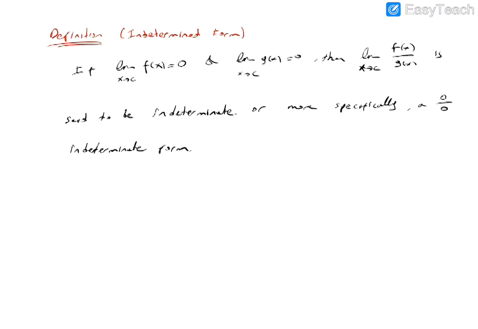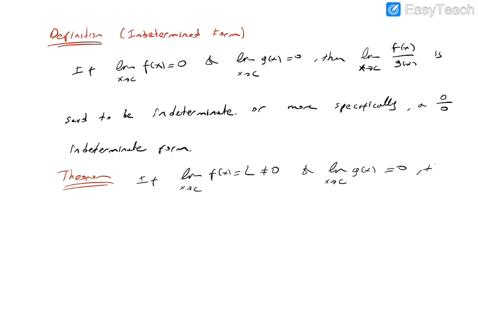So, let's state this situation as a theorem. If the limit of f of x equals L when x approaches c, and L is different than 0, and the limit of g of x when x approaches c equals 0, then the limit of f of x over g of x as x approaches c does not exist.